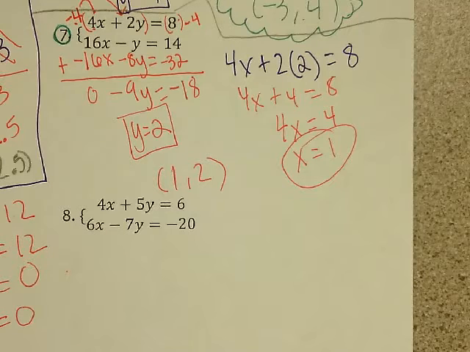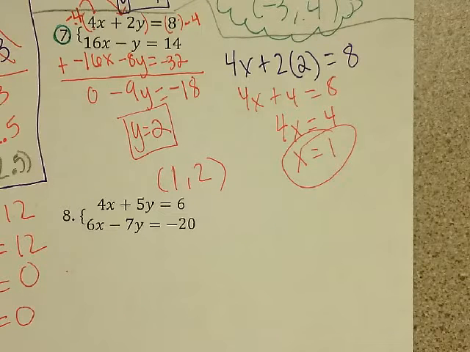That's not going to help us. 4 times 2 is 8. 4 times 3 is 12. 4 times 4 is 16. And then 20, 24. Okay? 6 times 1 is 6. 6 times 2 is 12. Right? So that's the least common multiple. Okay?